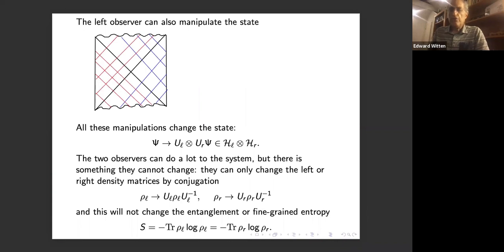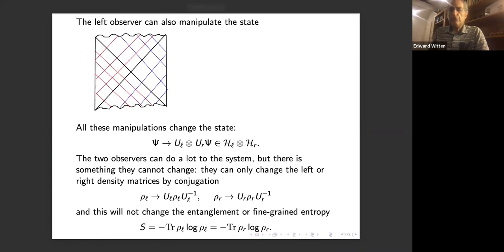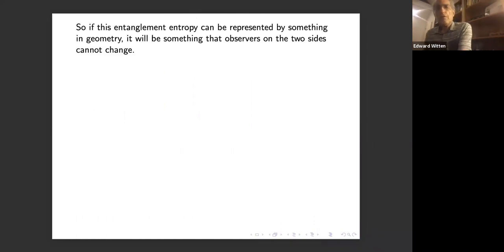Now, let's ask whether the entanglement entropy between the two sides can be interpreted in terms of geometry in the spirit of Bekenstein and Hawking. Well, if it can be represented by something in geometry, it'll be something that observers on the two sides cannot change.